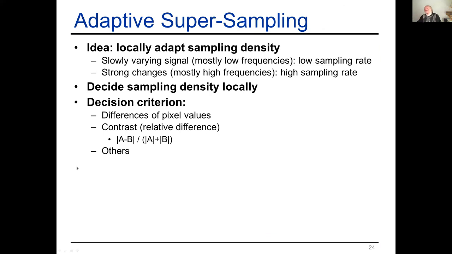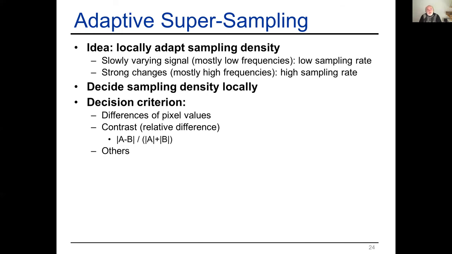But there is an idea that I don't necessarily have high frequency everywhere in my image. There might be areas where I'm having a white wall that is all the same value over a huge part of the image. So why should I spend a lot of time doing supersampling there when I can see there are no high frequencies?